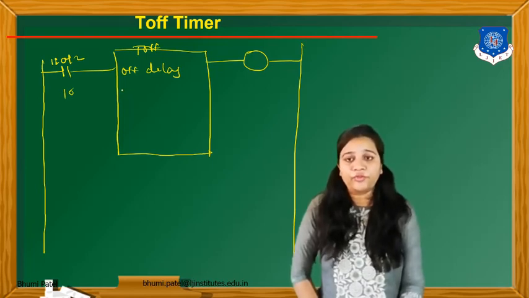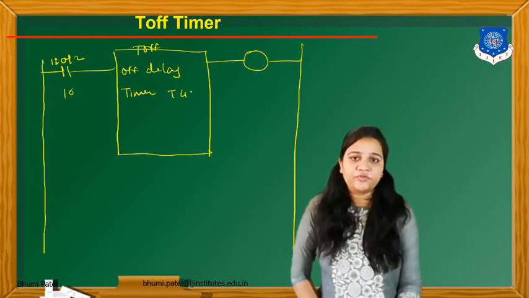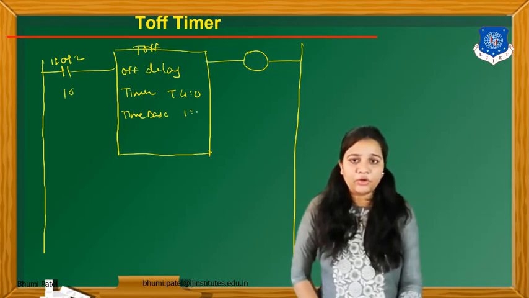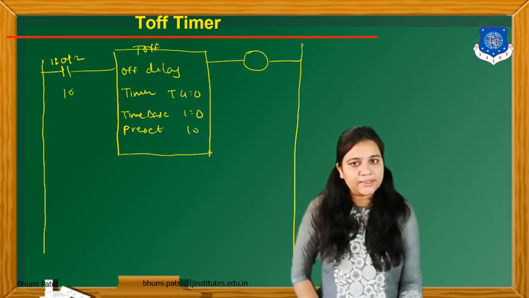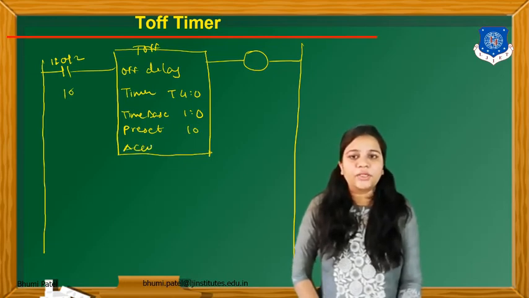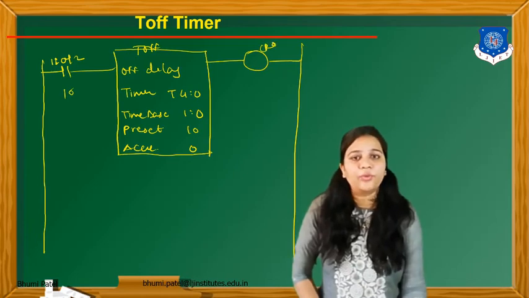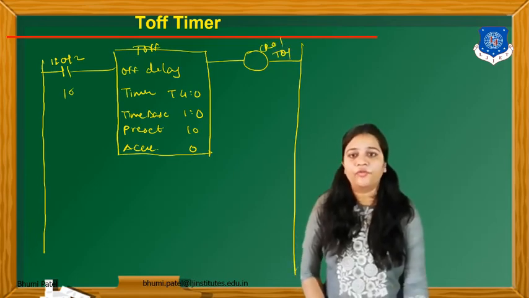First of all, we have to write the timer, and the name of the timer is T4:2. Then we have to connect the time base, and the time base is 1:0. The preset value that we take is, suppose, 10 seconds, and first of all the accumulator will be 0. And this is my output for the off delay timer.